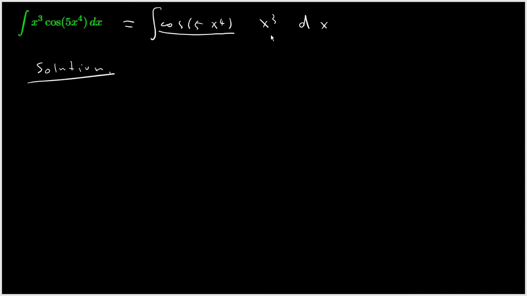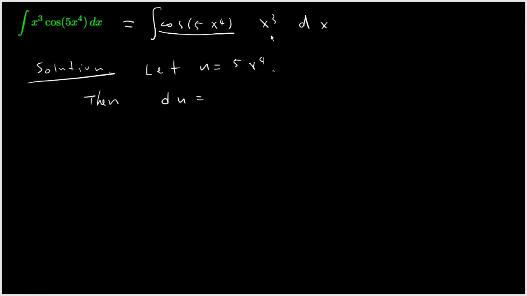Now the solution. We let u be, so Brooke told me it's 5 times x to the power 4. And then you follow the routine. The next thing you do is always to compute du. So don't be confused, du is the differential of u. To get the differential of u, you differentiate the function times dx.